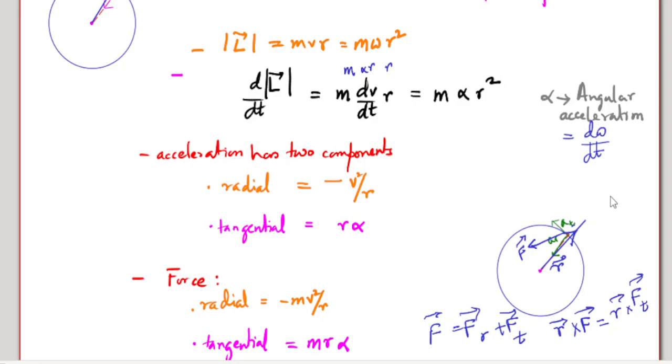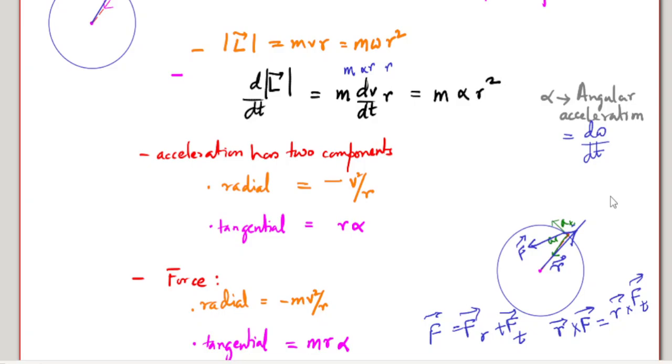But for vectors which are in the same direction, you can always use d dt of magnitude of L is the same as magnitude of d dt of L. And that is exactly what we are verifying here. Rate at which the angular momentum changes has a direction and a magnitude, both of which exactly match that of the torque. So we have verified dL vector dt equals torque vector, at least for this particular situation.